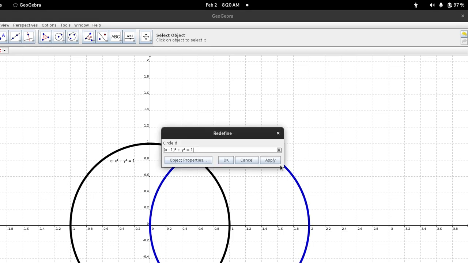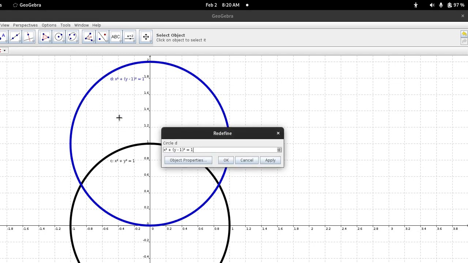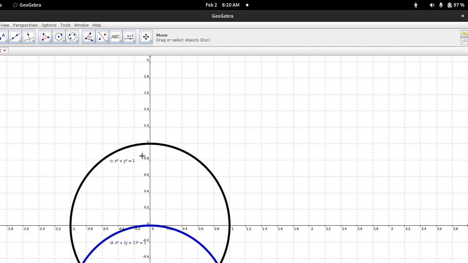Suppose I make y minus 1 be the thing that is squared, while x alone is squared. Y was displaced one place upward while x didn't move. And of course, remember, if I make it plus 1 instead of minus 1, it goes down here.